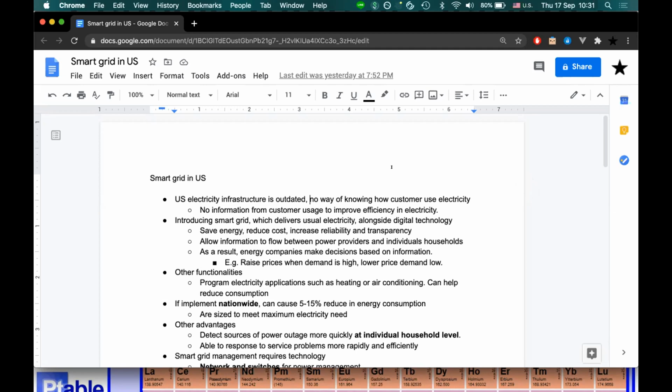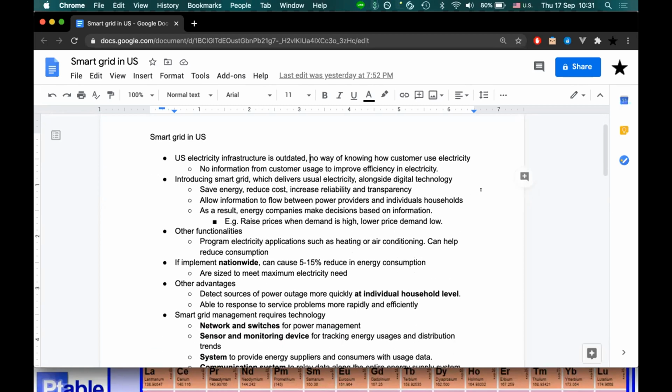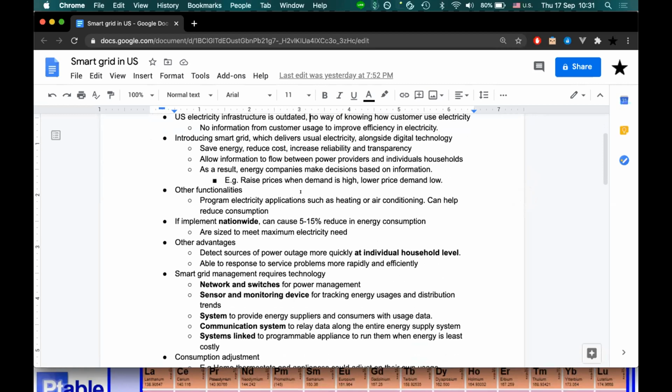Basically, they provide the same usual electricity, the same power, but they have additional digital technology integrated in them. The advantages are that it saves energy, reduces costs, increases reliability, and also shows transparency about how energy is being used, and also the price of the electricity. And it allows information to flow between the electricity power provider and individual households.